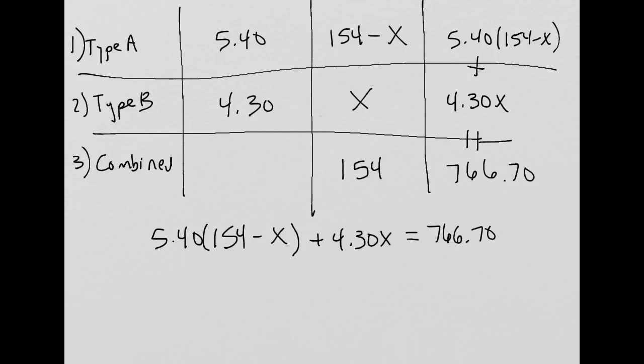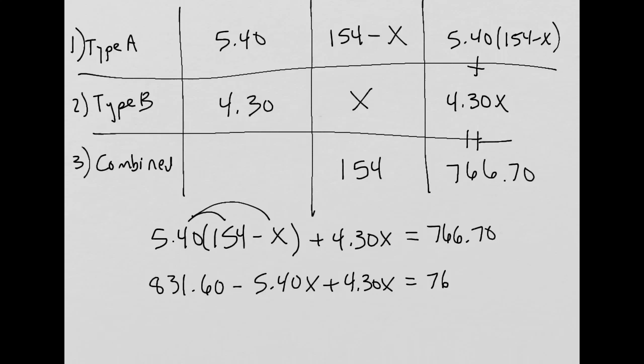So from here, I just want to solve this equation. First step is let's distribute. 5.40 times 154 is 831.60, minus 5.40x, plus 4.30x, equals 766.70.